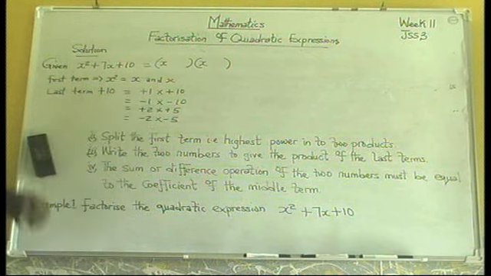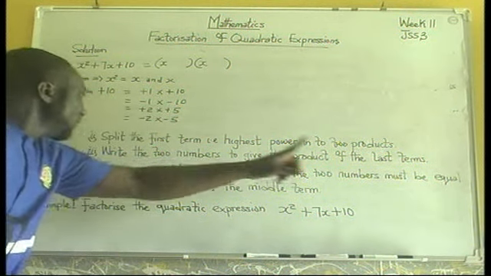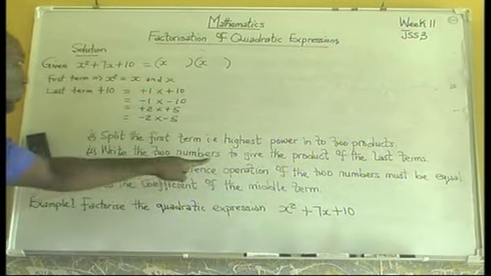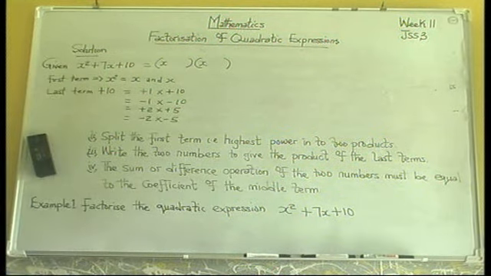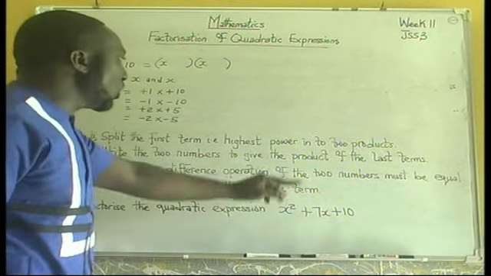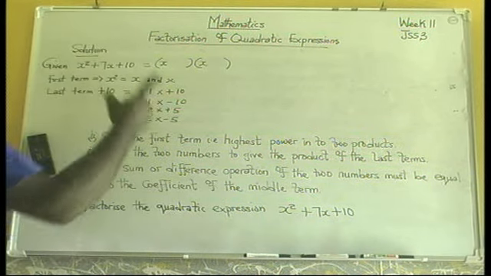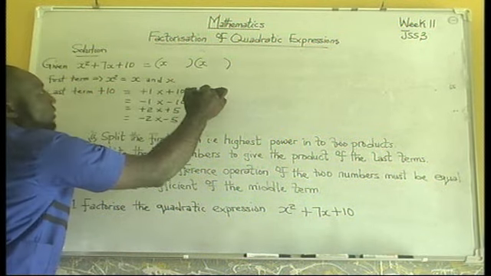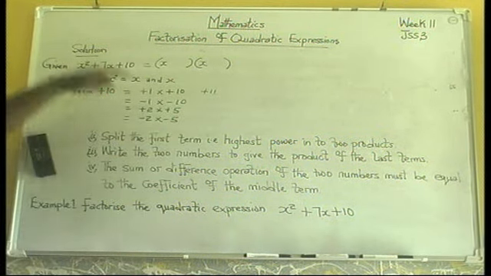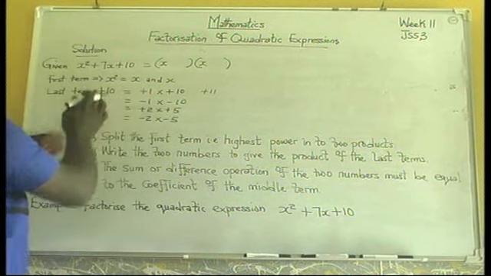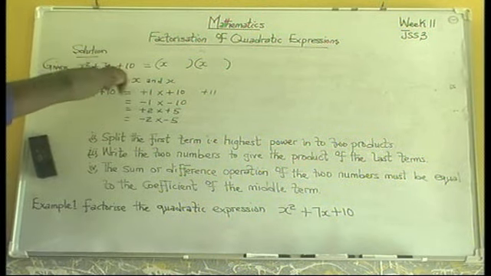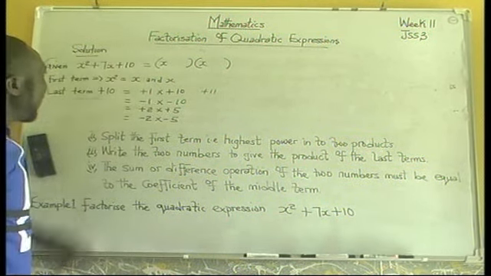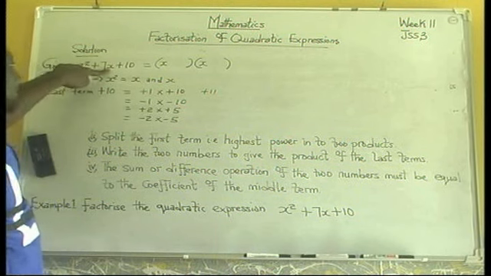So we have done the third line: write 2 numbers to give the product of the last term. Now the sum or difference of the 2 numbers. Plus 1 plus 10 is plus 11. When you sum or add them, it must give the coefficient of the middle term, which is the coefficient of x.